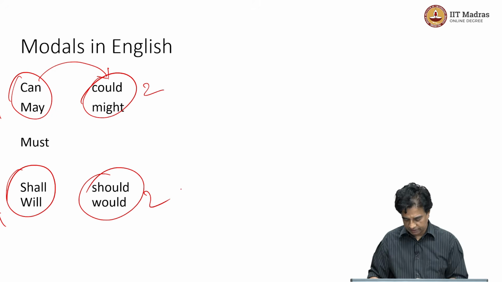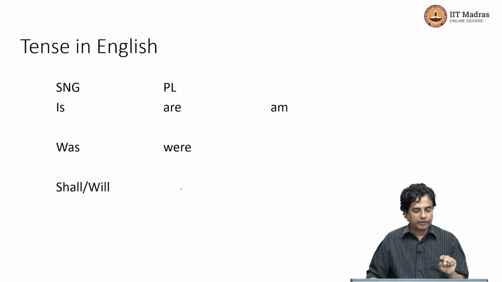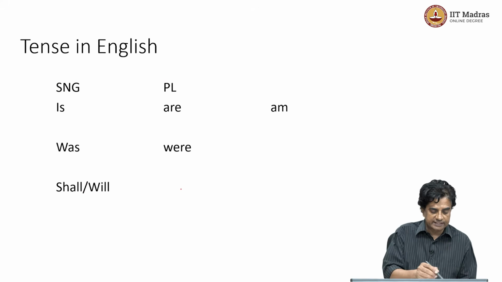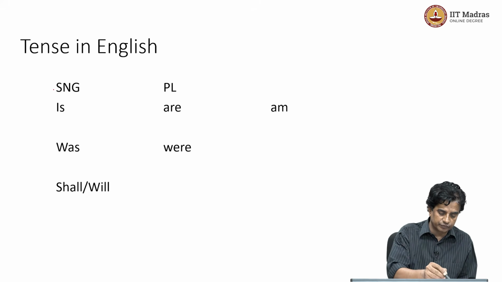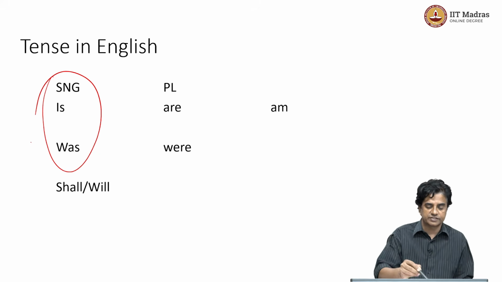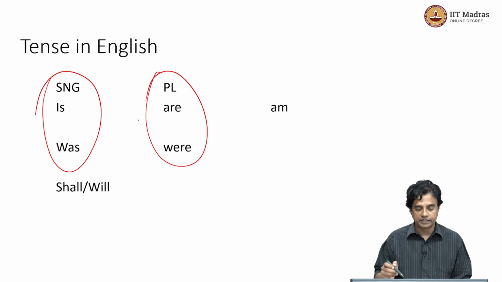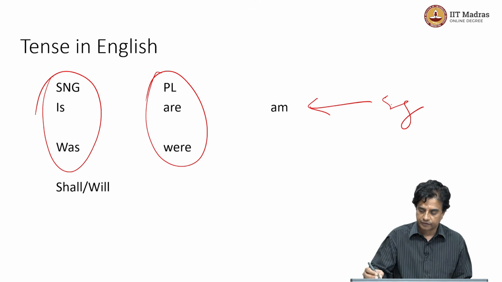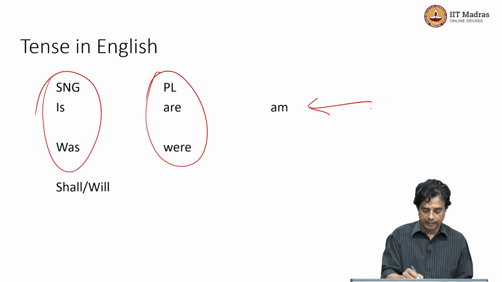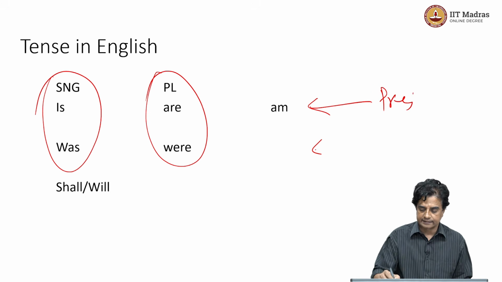They are independent auxiliaries. Like we have tense auxiliaries in English, you can see is, are, am. They give you singular interpretations. They give you plural interpretations. So on one axis, you have singular, and so this is present and this is past.